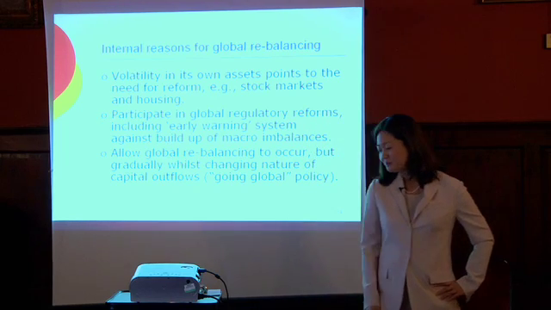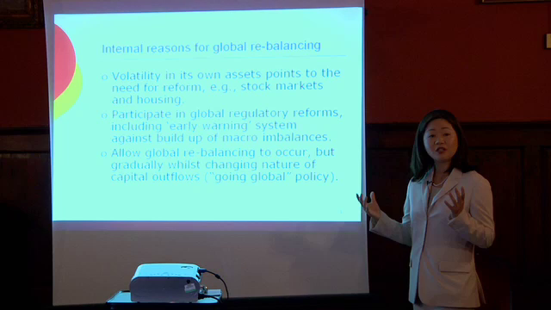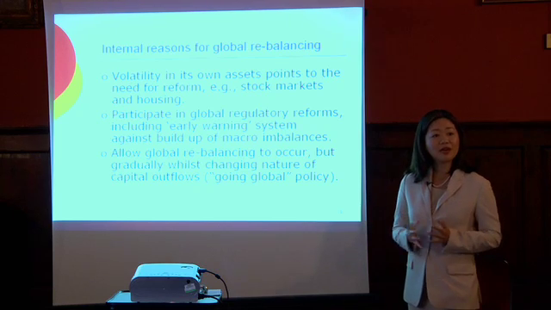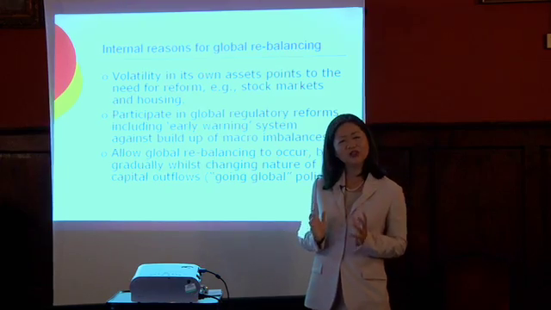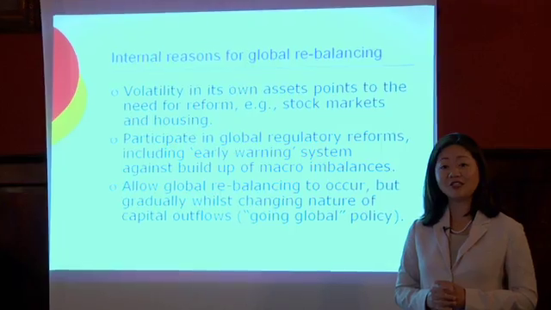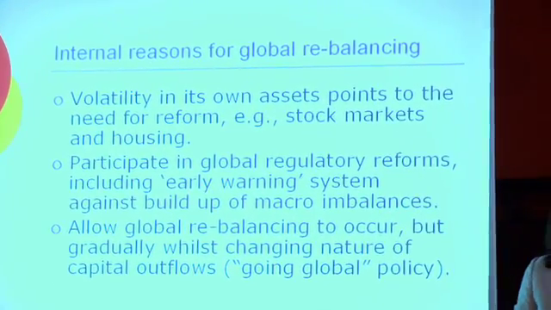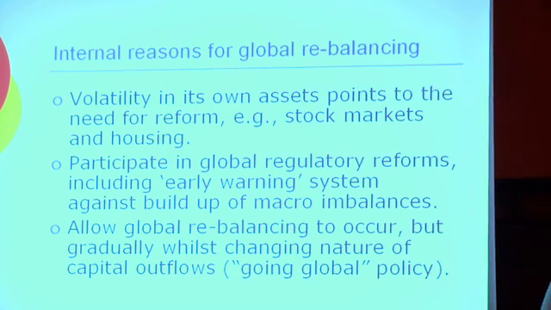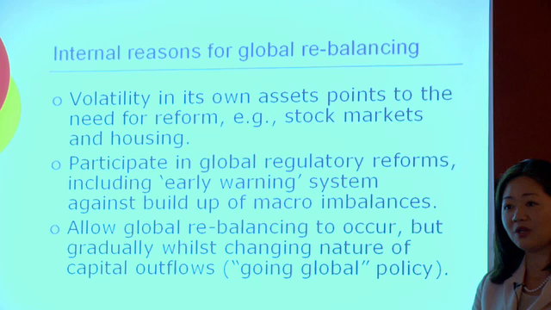So for my last few slides, I just want to bring it all back together and say what this means for global rebalancing. This slide points out some internal reasons why it is in China's interest to undertake global rebalancing. The very first thing is that volatility in its own assets points to the problems of being a source of trapped savings and liquidity.